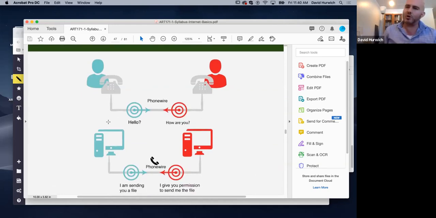A lot of old computers had a phone wire port in the back, where you would plug in a phone jack and connect your computer to the phone line. One computer could send a signal or command, like give me this file, or I am giving you a file, and it could travel over the phone line to the other side.